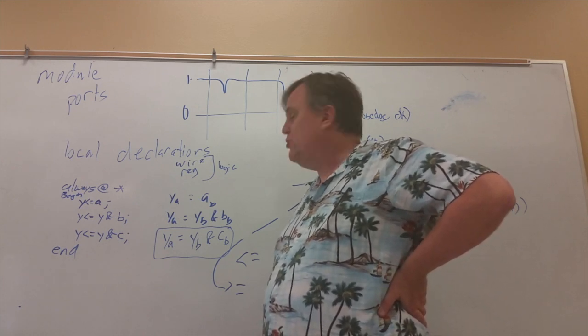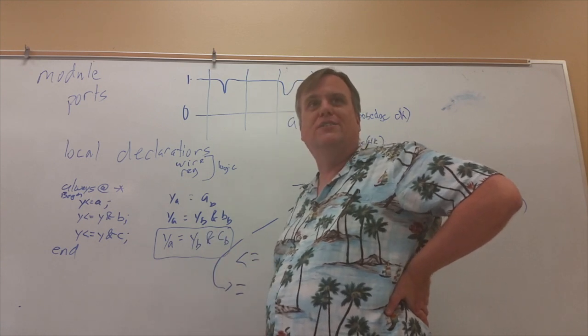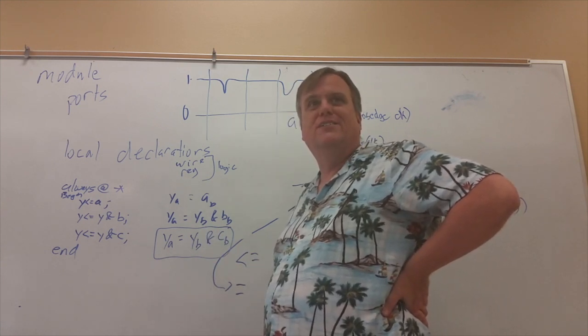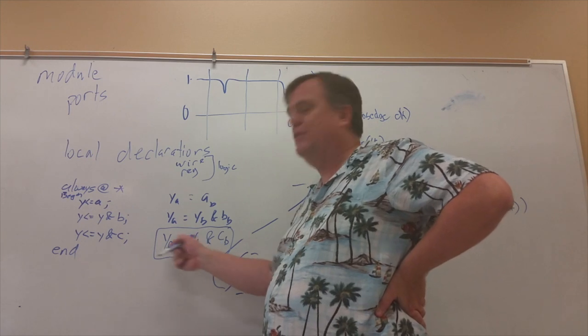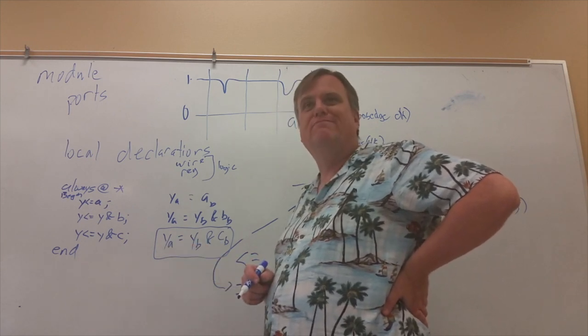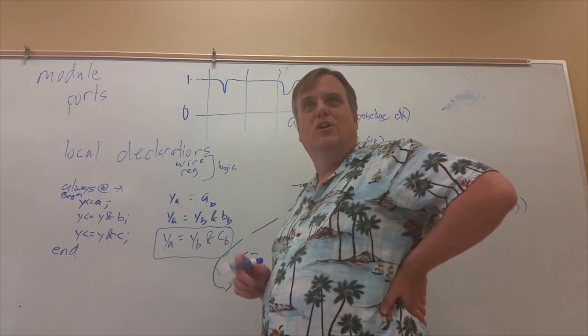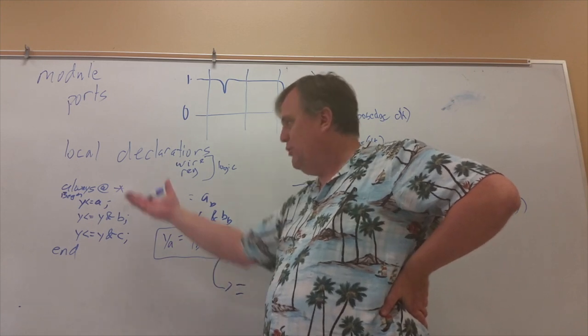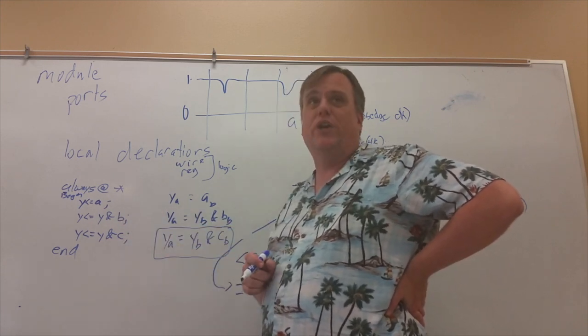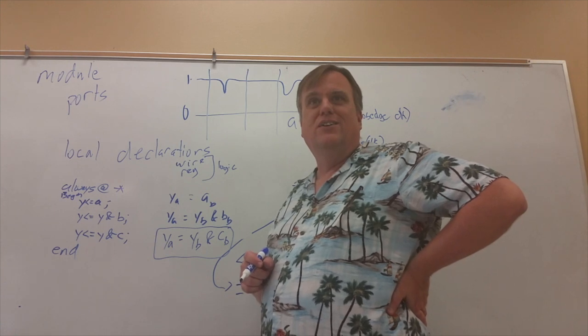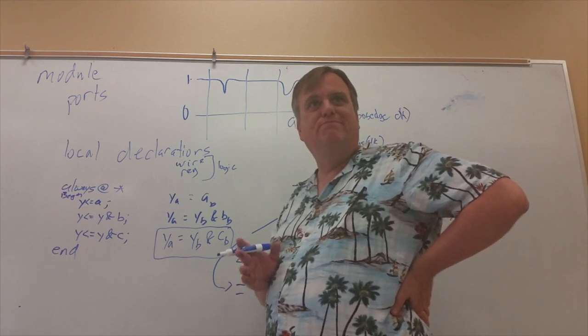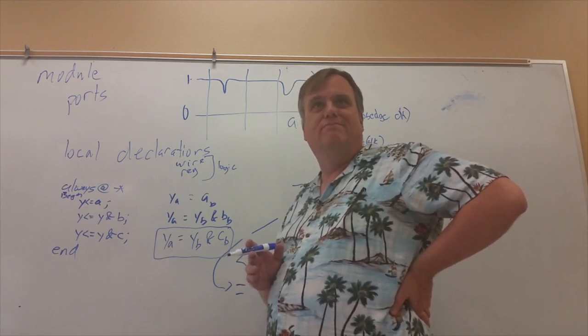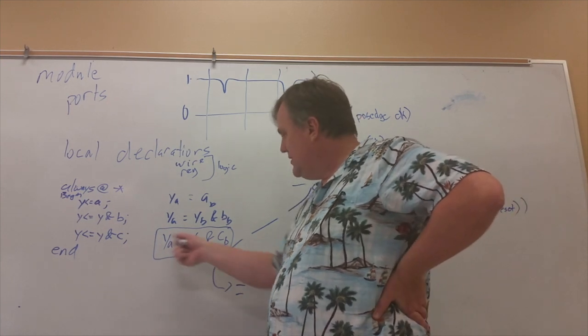So it infers a memory latch, because now it needs to know the previous version of Y. This is kind of an oddball statement, right? If you looked at this and I said there's memory here, you would think I'm crazy. But there it is. It takes this last one.